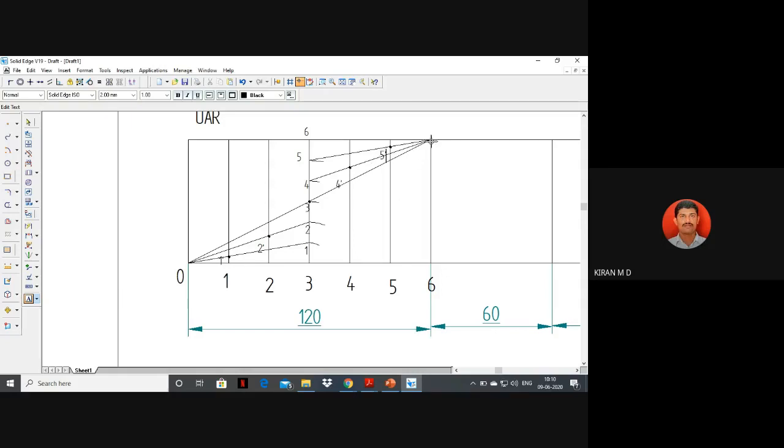Then here it is 6 dash. And this is the point of 3 dash. 3 and 3 dash are on the same line. Is it clear? Now you draw and join the curve from here to here.